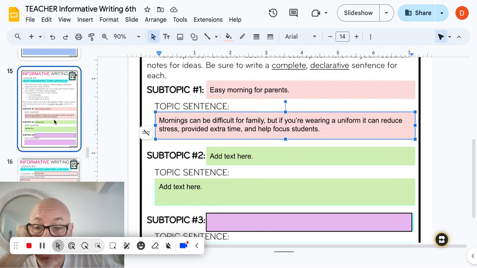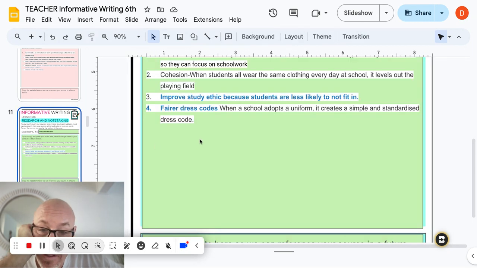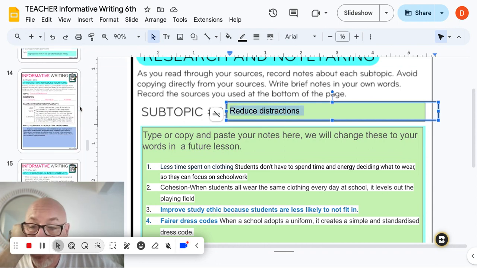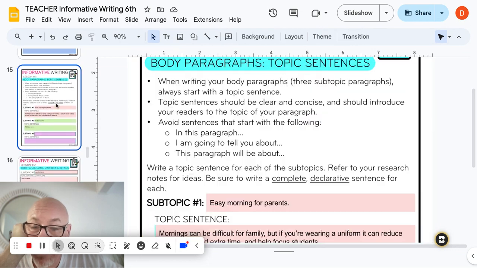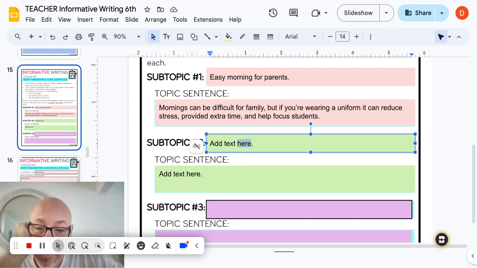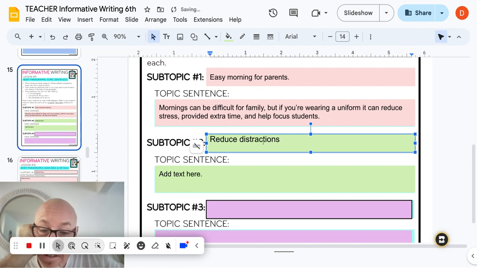Okay, subtopic number 2 is going to be this. And all I'm going to do is reduce distractions. I'm going to just highlight this, come down here, go right back to slide number 15. Gonna highlight that, erase it. This doesn't have to be a sentence.